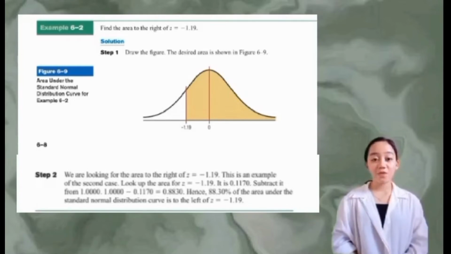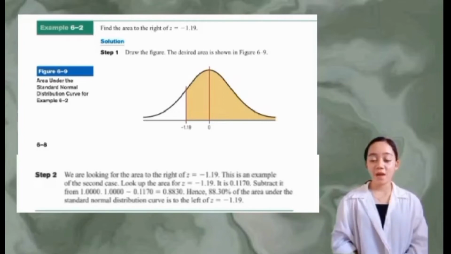The area for z, which is equal to negative 1.19, in the z table is 0.1170. And we are going to subtract it from 1. So 1 minus 0.1170 is equal to 0.8830.